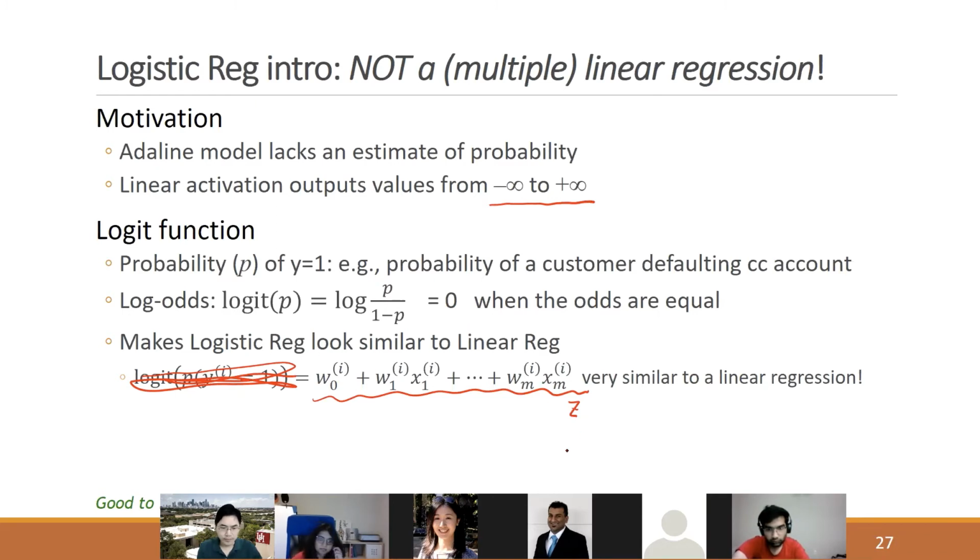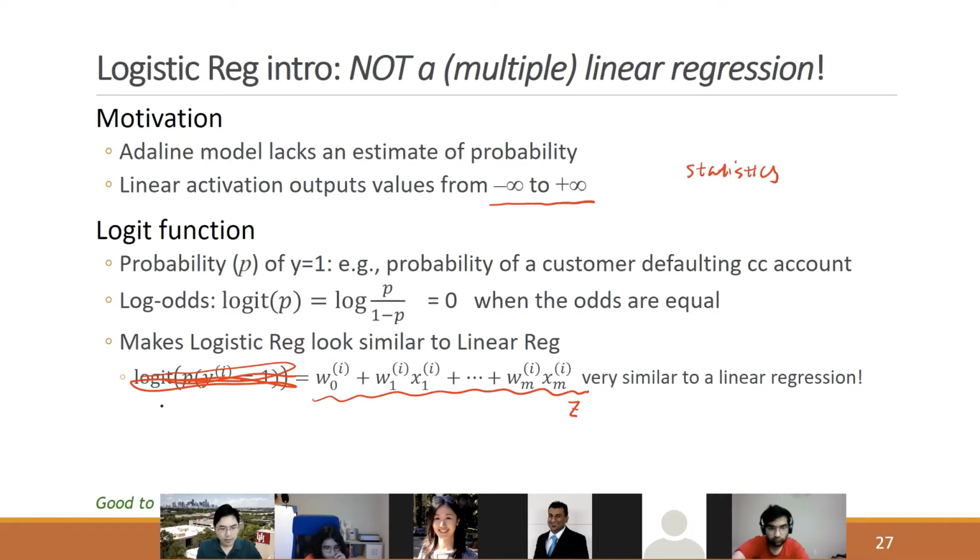That's Z. Without the logit, you have the Adeline. With the logit, it becomes logistic regression. That's the essential difference. And logistic regression is popular not only because it's an improved version of the single neuron model, it is also very popular in the statistics field.